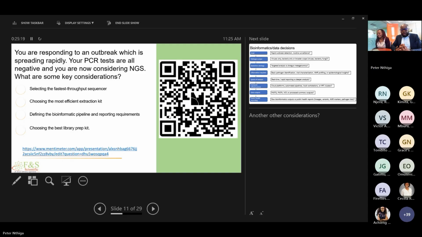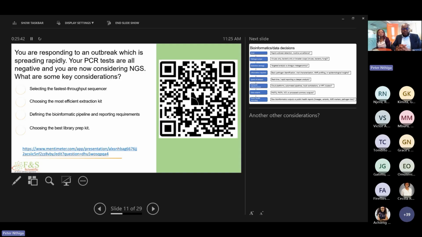So for sure, all of these considerations are important for a rapid outbreak response. You need a fast sequencer so that you report your findings in time. Of course, you need an efficient extraction kit because you don't want to spend all the time extracting and possibly exhausting your sample while at it.